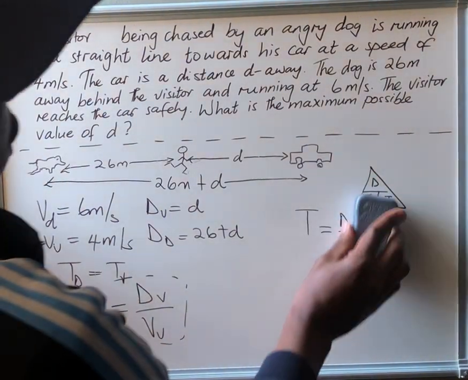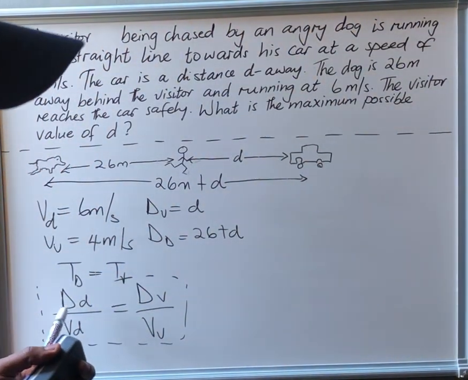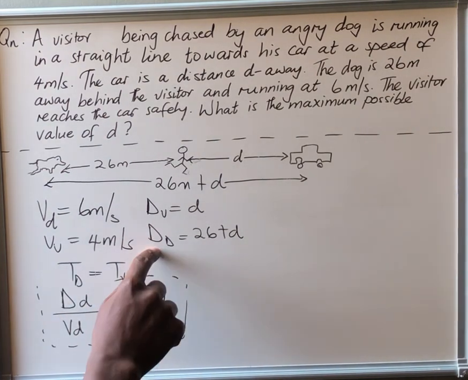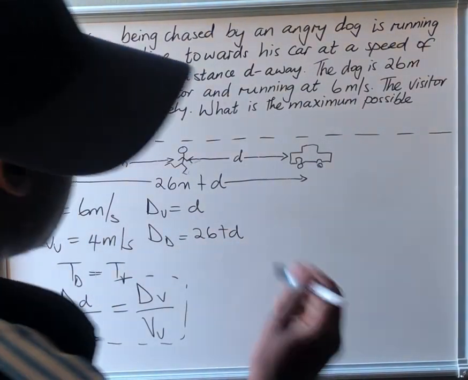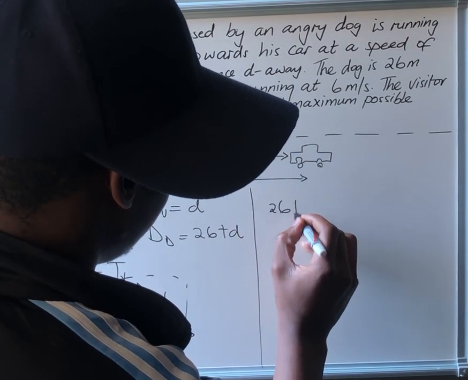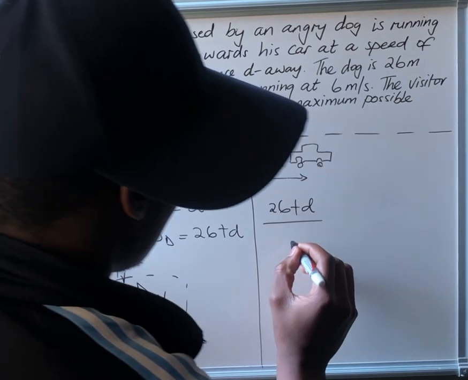Let's look for the D for the dog, the distance traveled by the dog, which is 26 plus d, divided by the velocity of the dog, 6.